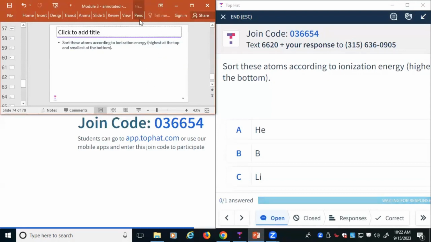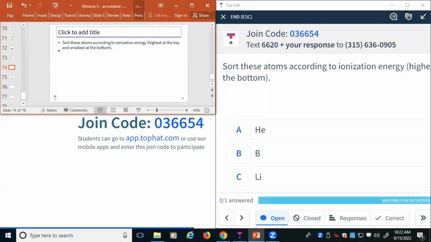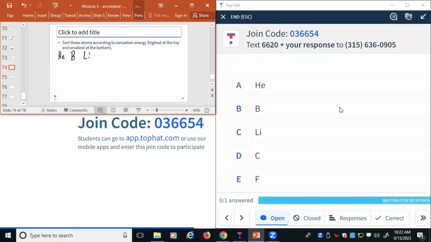So we are looking at helium, boron, lithium, carbon, fluorine, neon, and oxygen.